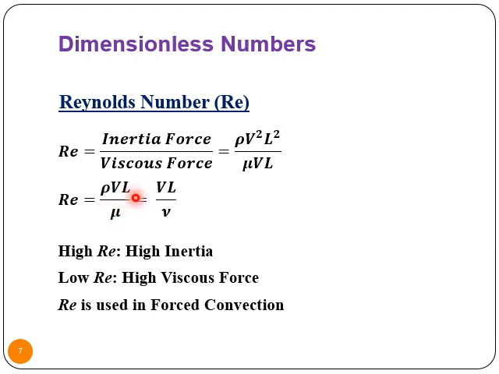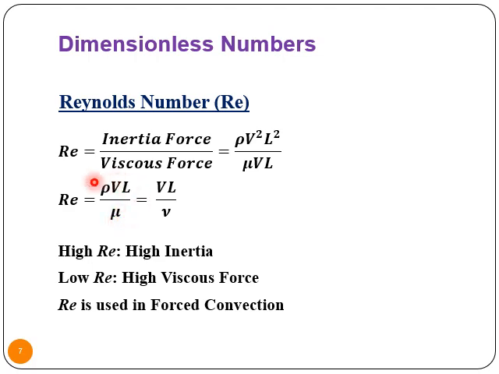This L is the length of the plate, or it can be considered as the characteristic length. For plates, it is the length along which the flow occurs. For pipes, it is the diameter of the pipe. So rho is the density, v is the velocity of the fluid, L is the characteristic length, and mu is the viscosity.